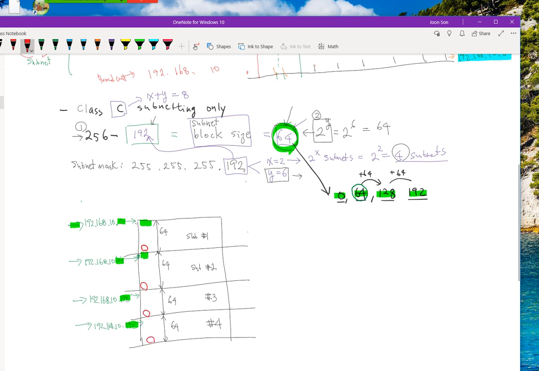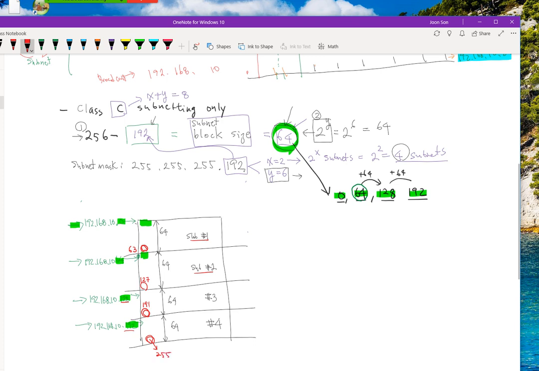How? The broadcast address is 1 less than the next network address. So the broadcast address for subnet number 1 is 63. For subnet number 2, it's 1 less than 128, so 127. For the third subnet, it's 1 less than 192, so 191. And of course, the broadcast address for the last one is 255.